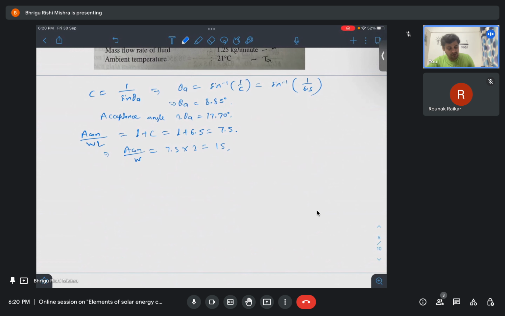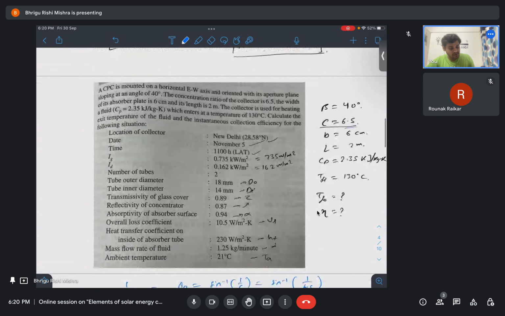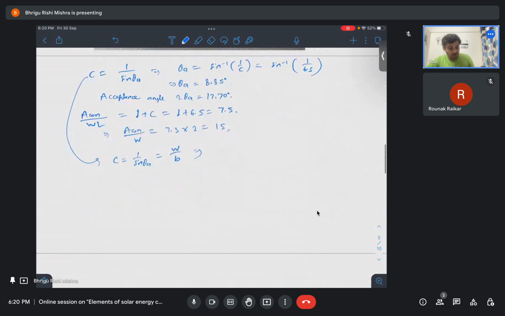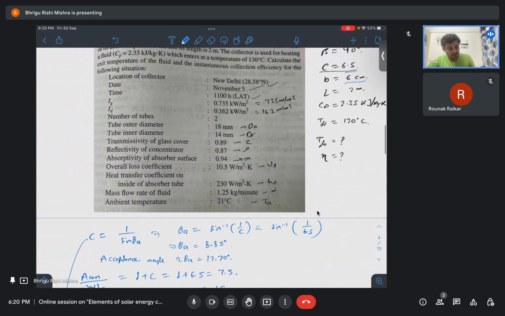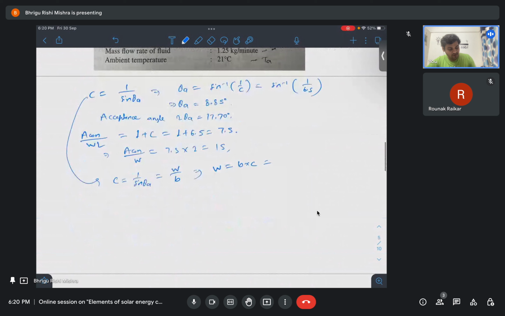Another way to calculate C: C is 1 by sine theta, and this also equals W by B, as we mentioned earlier. B is already given as 6 centimeter, so we can calculate W again. W is B into C. B is in centimeter and we want it in meters, so it is 0.06 into 6.5, which will be 0.39 meter.